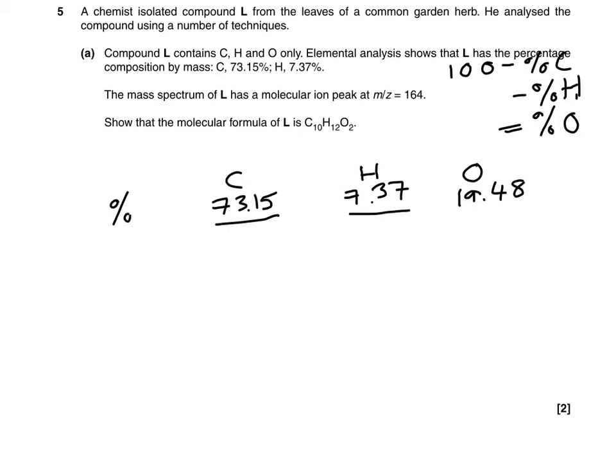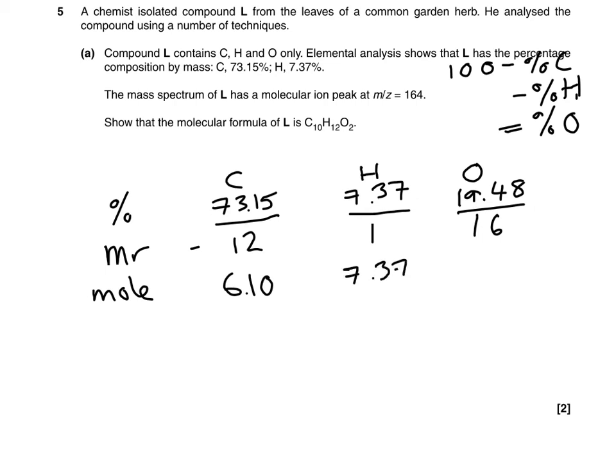so this is percentage. Our next step is to work out the number of moles in 100 grams. For each one, we need to divide by the molar mass, which will give us the number of moles in 100 grams: 6.1, 7.37 and 1.22.